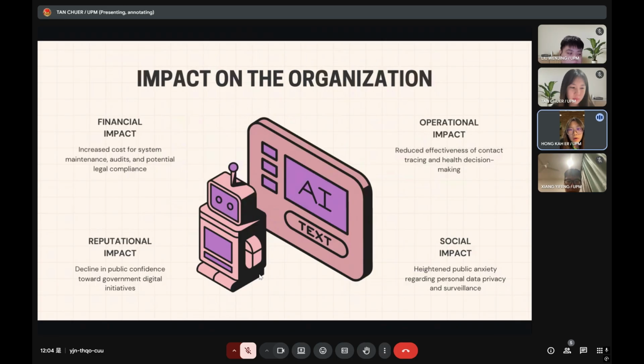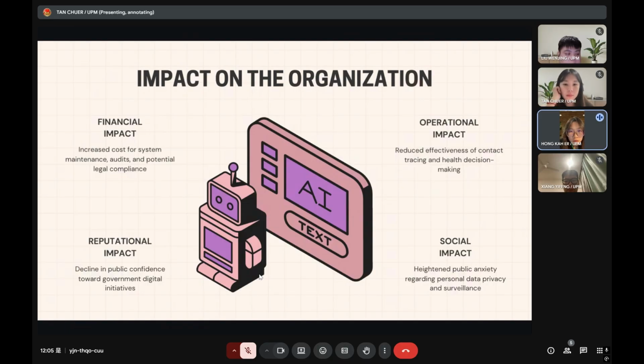And what was the fallout of all this? It wasn't just a minor headache, but a real impact. First, reputation-wise, it really damaged public trust in government digital projects. If people don't trust the first big national health app, it's going to be much harder to get them to use the next one.